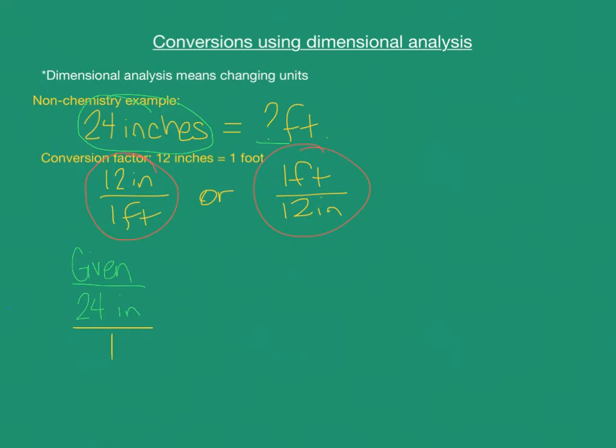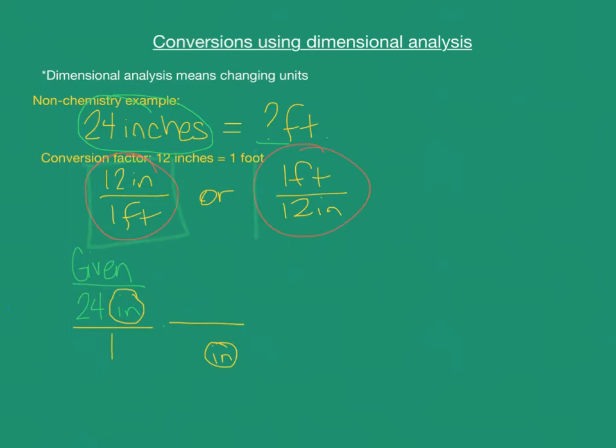Now, the key to conversions with dimensional analysis is whatever unit you have on top here has to be the unit in the bottom of your second fraction. So, if I have inches on top here, I need inches on the bottom. Well, when I look at the different conversion factors I have up here, which one of these conversion factors has inches on the bottom?